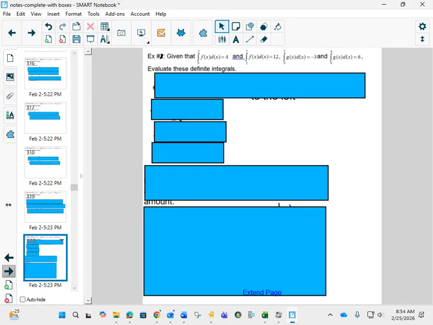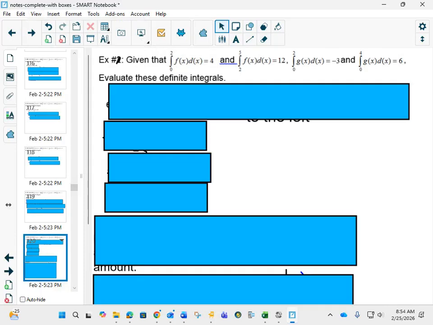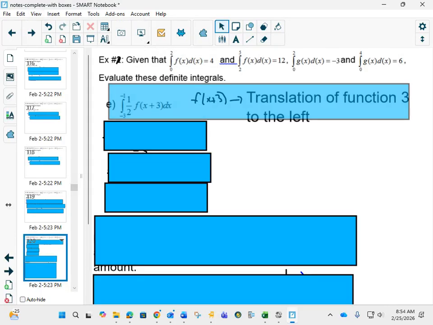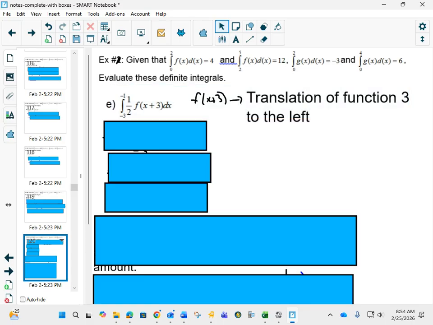Now, what makes the last one a little bit tricky here is that you go from negative 3 to negative 1. So our initial thoughts are, I have none of those numbers on my givens. What am I going to do? But in an analysis of this, f of x plus 3, if you think back to your transformations, that would move your whole graph 3 units to the left.